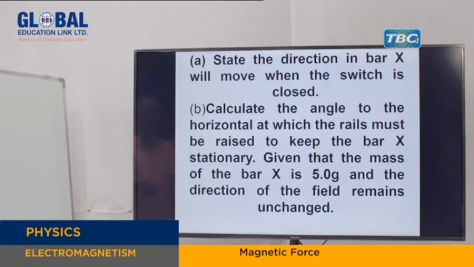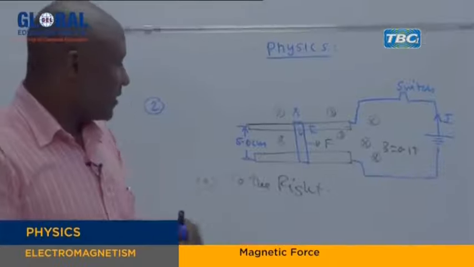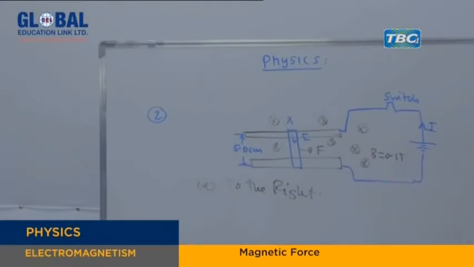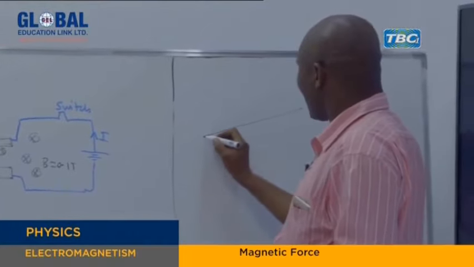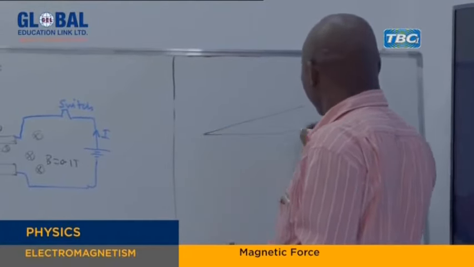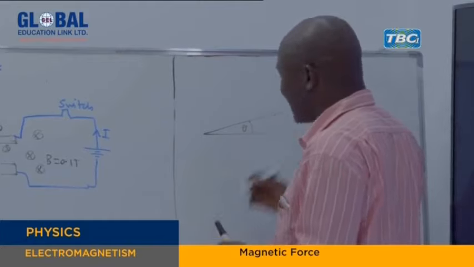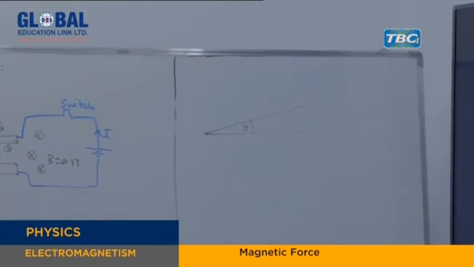We know that the mass of that bar is given, and we are told that the direction of the field remains unchanged. So now let's go back to the formula. In mechanics, we talked about the inclined plane.